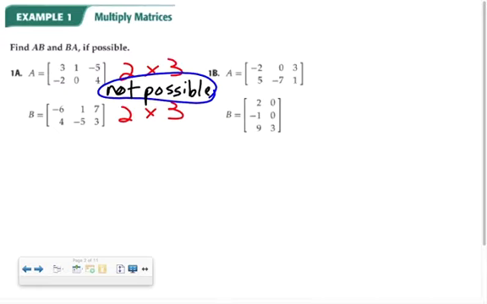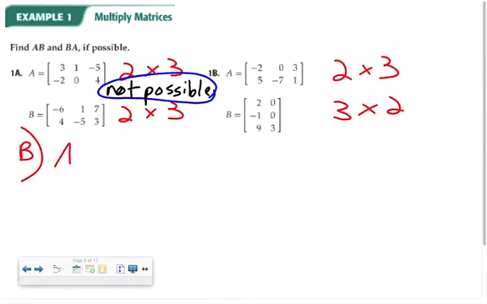Matrix A is a 2 by 3 matrix. Matrix B is a 3 by 2 matrix, which means both products are possible. So here we go in part B. I'm going to multiply A times B. So that means that my resulting matrix will be 2 by 2.